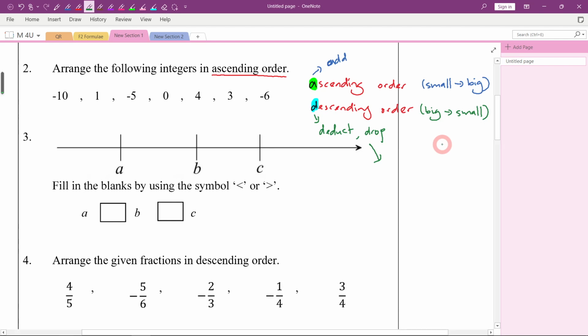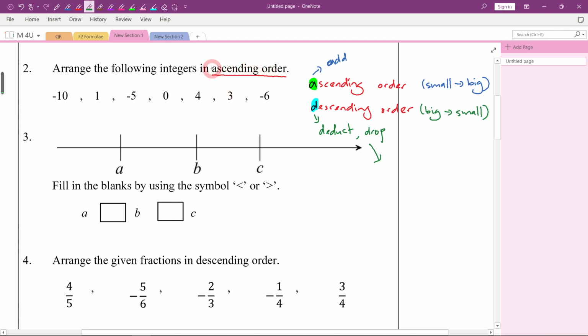Okay, so this is a way that I tell my students to use if they get confused between these two. So this question asks us to arrange the following integer. All these are integer. So remember again, 0 is neither positive nor negative, but 0 is an integer. We want to arrange all these integer in ascending order.